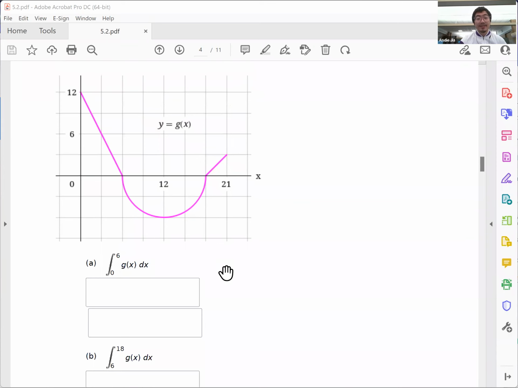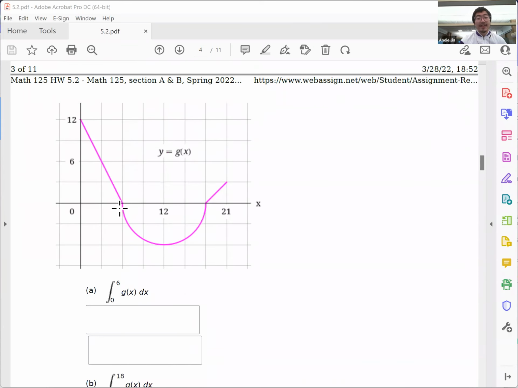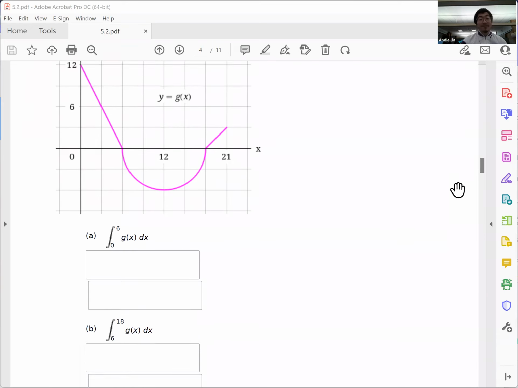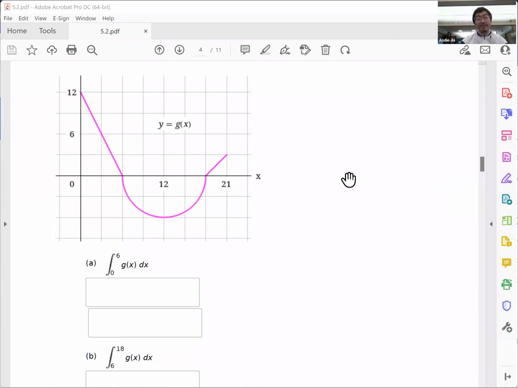So when you do the definite integral from 6 to 18, make sure the value is negative for this area. You probably know how to find the area of a circle, right? The radius is 6, and then just divide the circle area by 2.